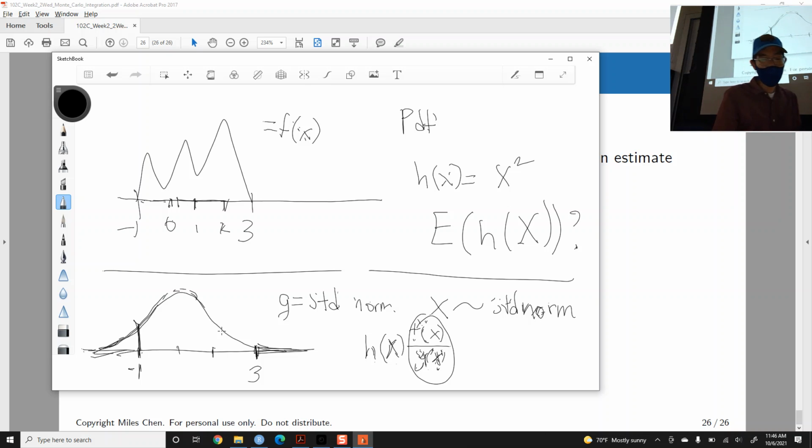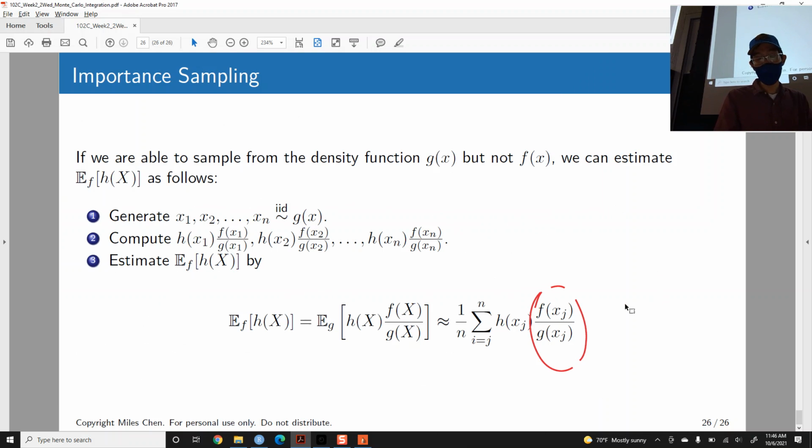And there are other places where f generates the value very infrequently, but g generates those values very frequently, and we're going to weight those a little bit less. So we've got this weighting factor, f over g, and that corrects for all of the differences between what f would have generated versus what g would have generated.